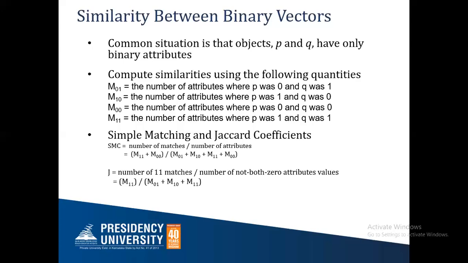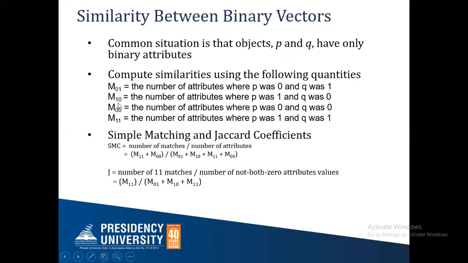So first thing is, we will compute the similarities. M01 counts the number of attributes where P is equal to 0 and Q is equal to 1. So for every attribute we count, and if it is 0, 1, then increment M01.